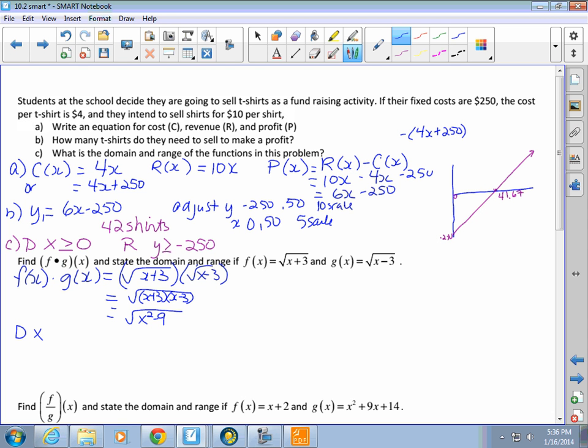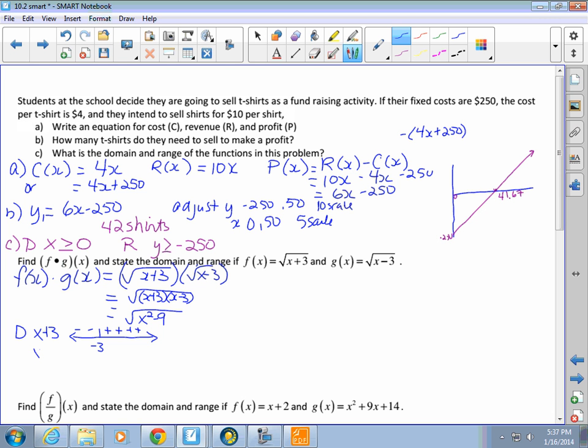So I have x plus 3, that was my first one, my f(x). If I do my sign analysis, at negative 3 and anything above, I'm going to have positive values. At negative 4, or anything below negative 3, I'm going to have negative values.